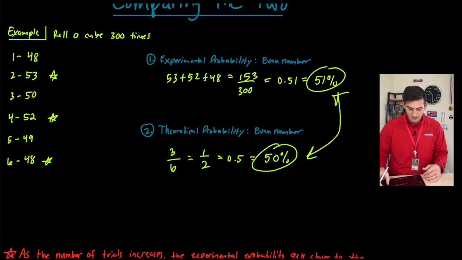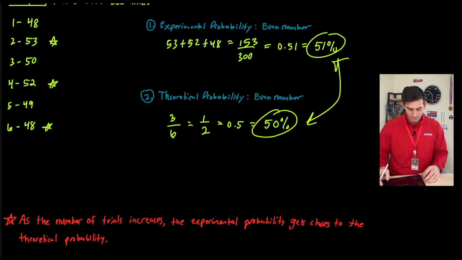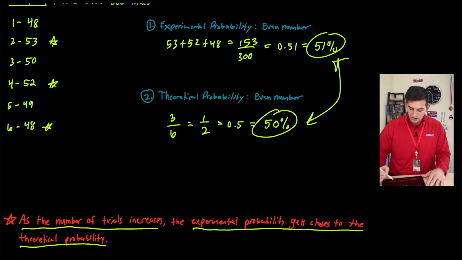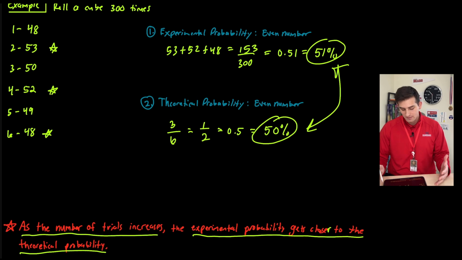So that leads us to this reality here. As the number of trials increases, the experimental probability gets closer to the theoretical probability. Okay, had a little typo there. Since we did this 300 times, in theory, 50% of those rolls should be an even number.